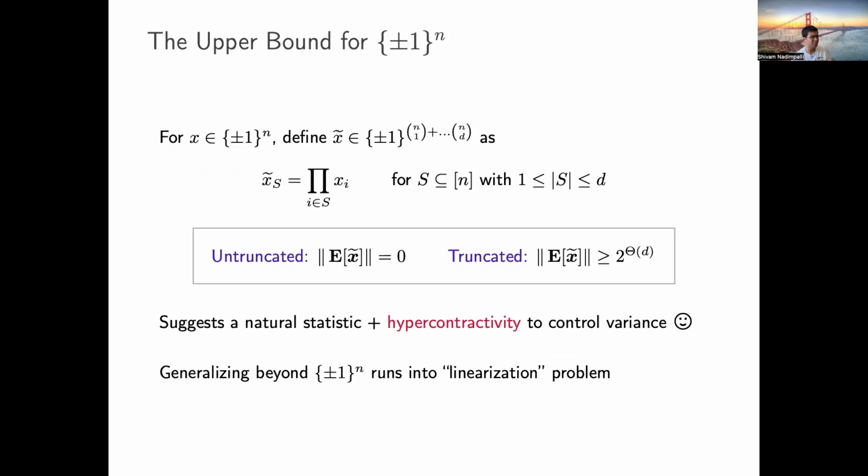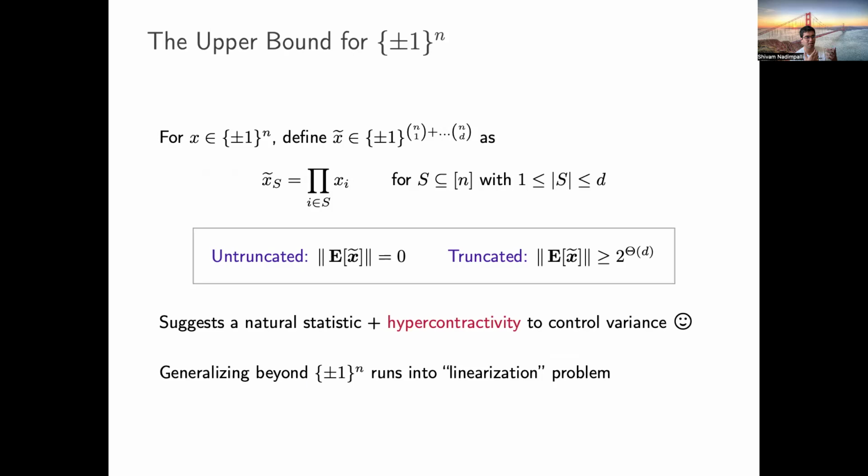And when you try generalizing beyond the Boolean hypercube to arbitrary hypercontractive distributions, you run into an annoying technical issue, which is called the linearization problem. It shows up because over the Boolean cube, if you take the Fourier basis given by the parity functions, the product of two parity functions is another parity function.